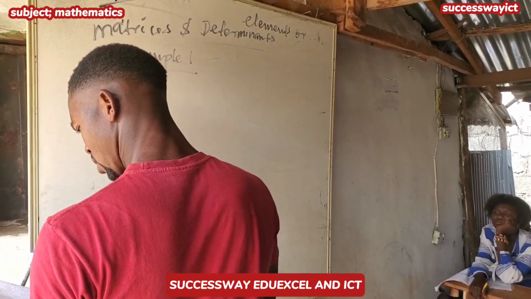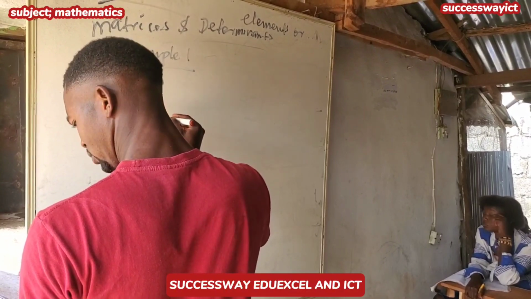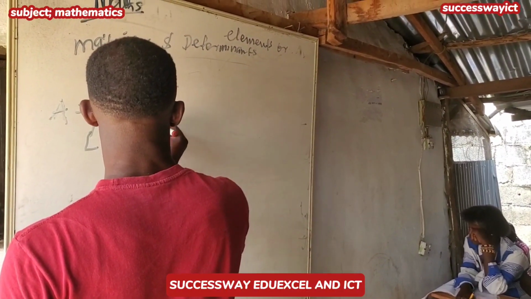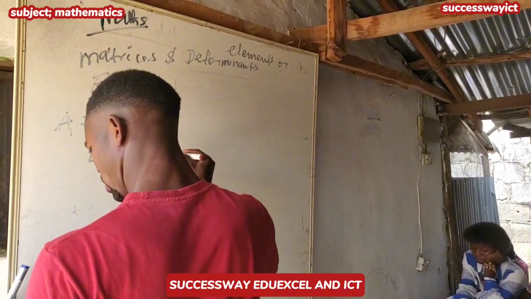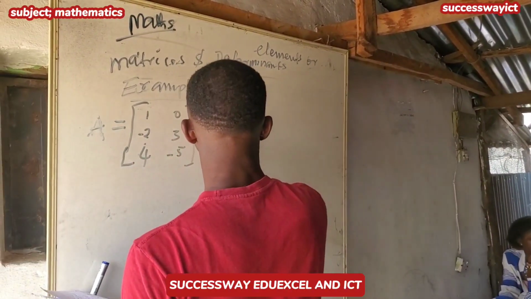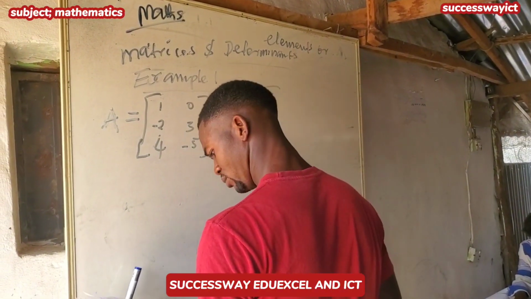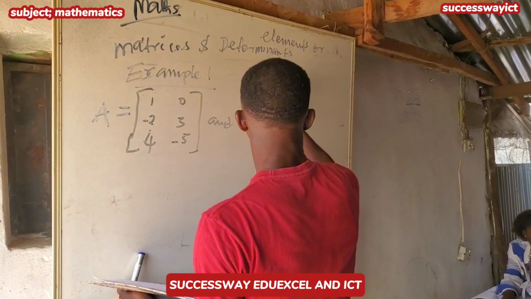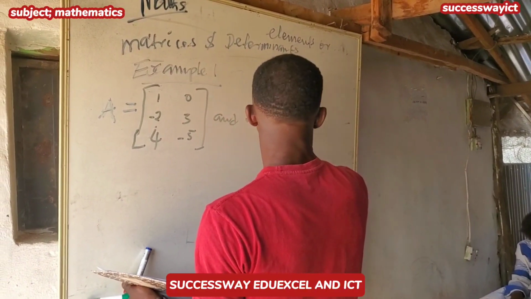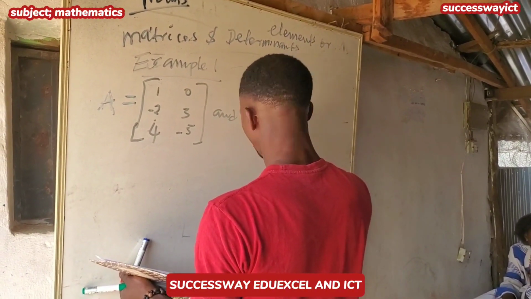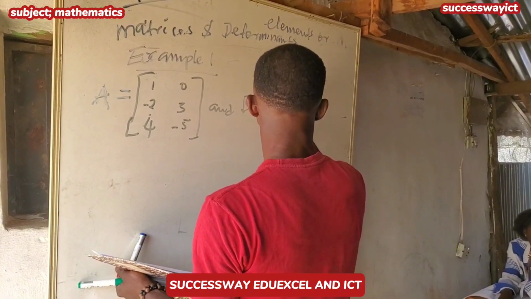Four, 0, 3, minus 5. Then we have B: 5, minus 3, minus 4 and 2.